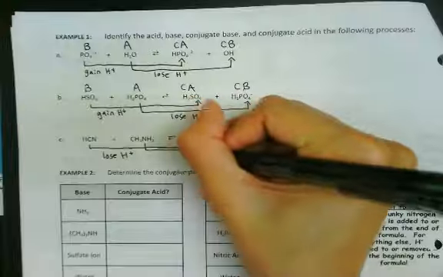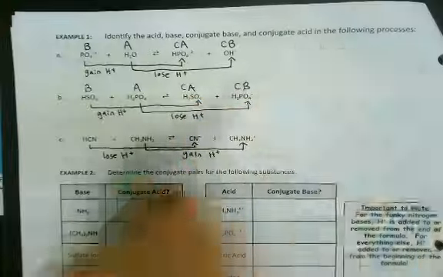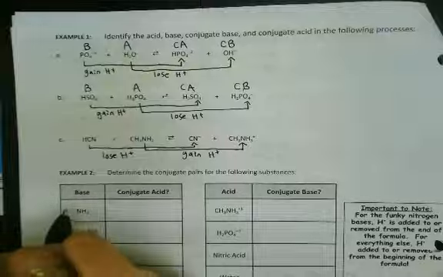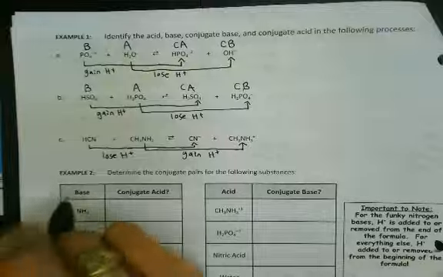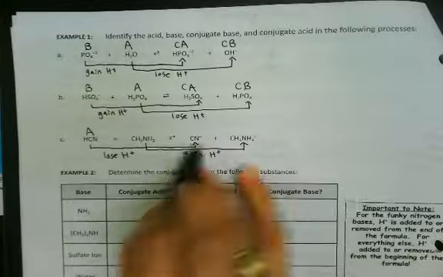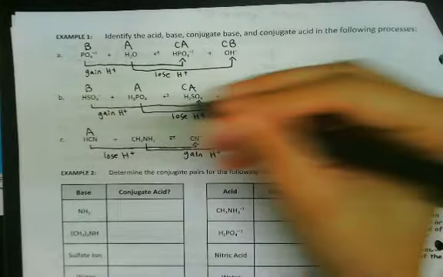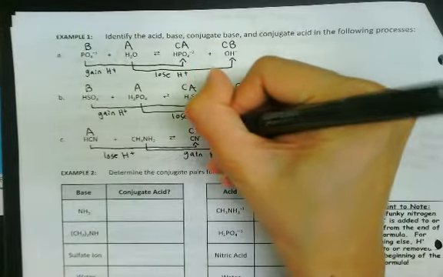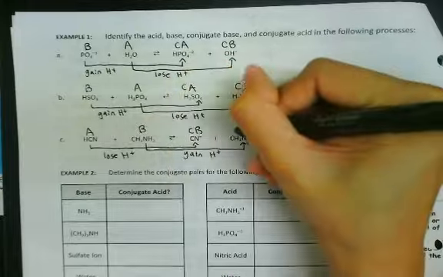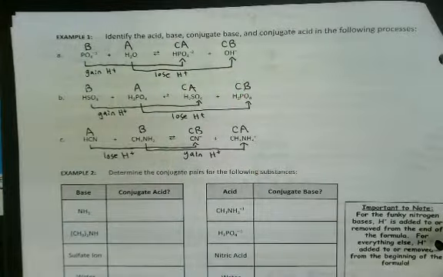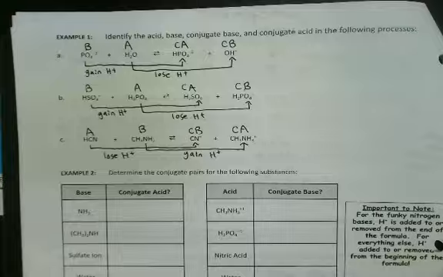Okay? So we're gaining the H plus here. So what does that make HCN in this scenario, y'all? An acid, yes. And so CN minus is the conjugate base. Very good. So hopefully you filled in these. What questions do y'all have there?